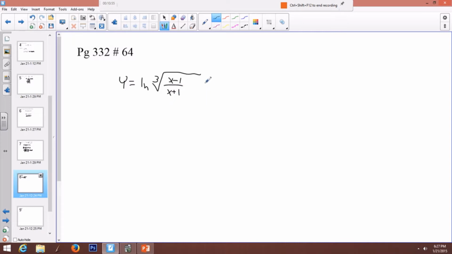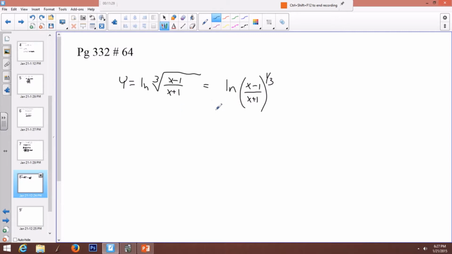So I'm going to rewrite this, using those properties of logarithms to expand it a little bit so that I can do each of those derivatives a little easier. My first rewrite is the ln of x minus 1 over x plus 1, all to the 1/3 power, and that's what the third root is.